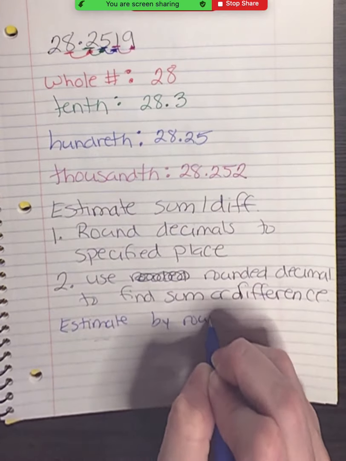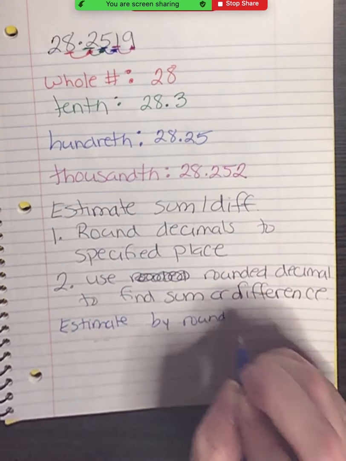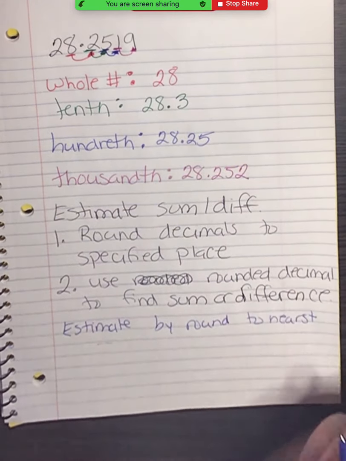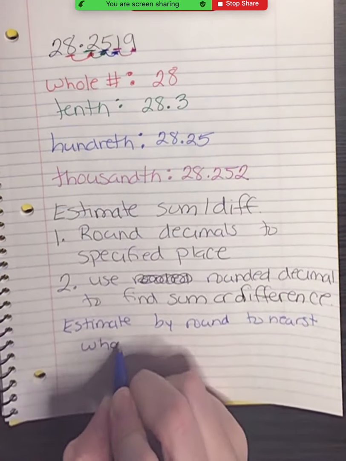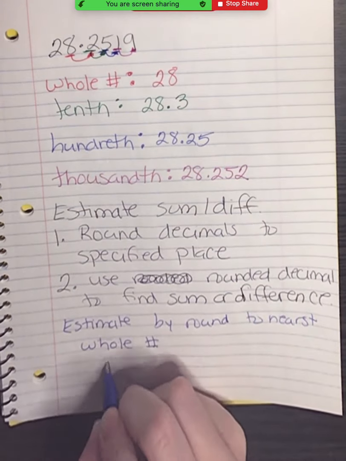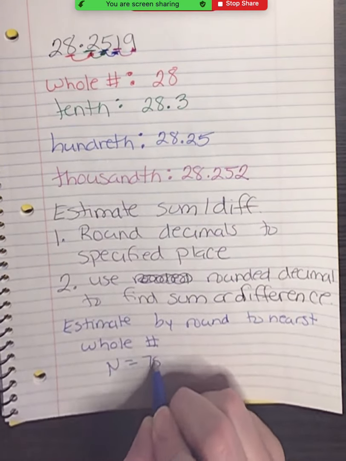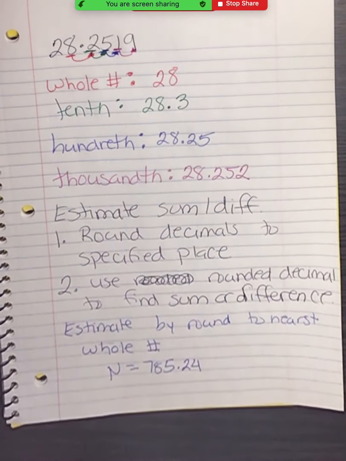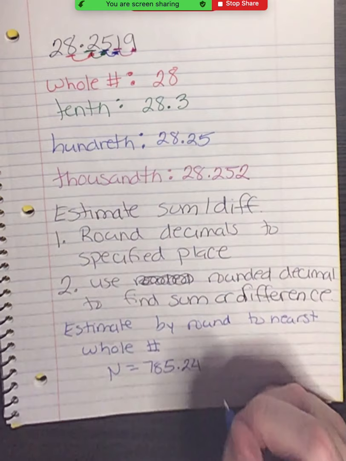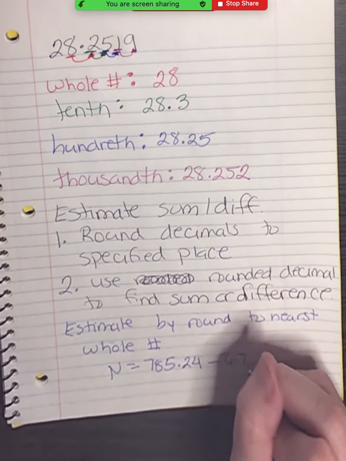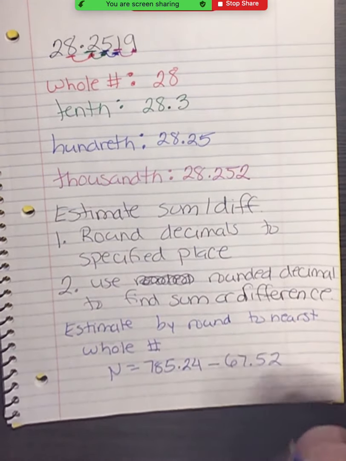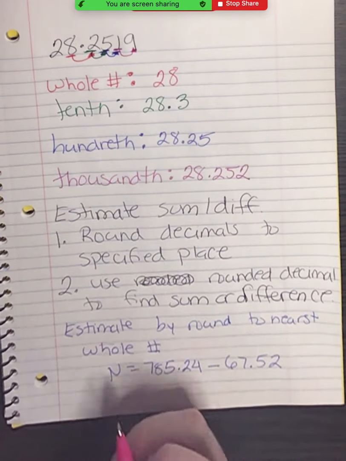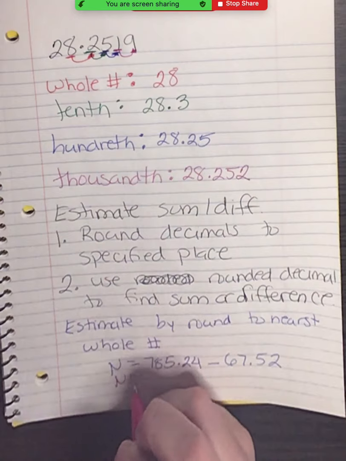We look to the 2, so it's going to stay 785. Minus 67, we're going to look to the 5. We have to go up, so it's minus 68. Okay? So we're going to do 785 minus 68 to get 717 by rounding.